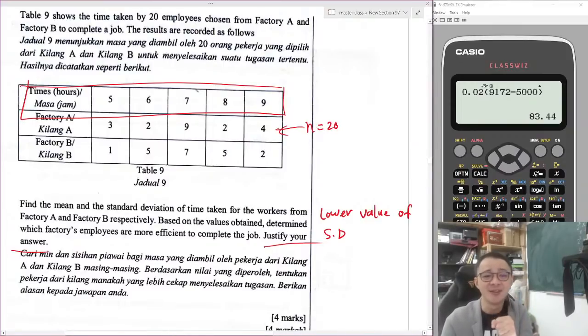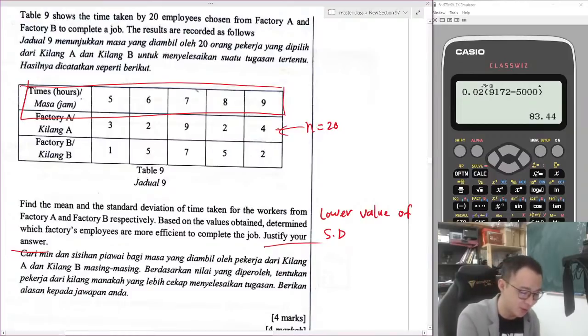No matter if you are the boss or the manager, you definitely want the performance to be more consistent, then only you can boost the performance. So in order to get the consistent value, we want the lower standard deviation value. You must understand this. So no choice, we need to find both.